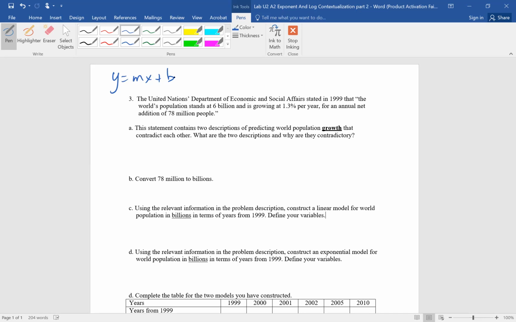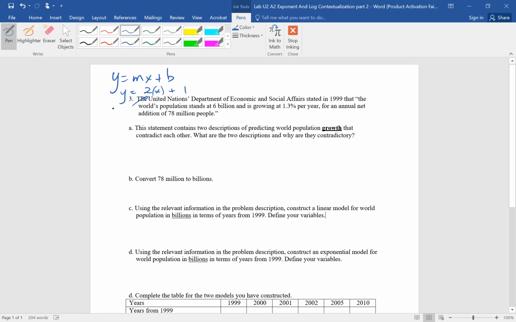In other words, if you were going to make, let's say, $2 an hour plus a dollar I gave you, every hour, if I work 3 hours, you put a three in here or a four in there or a five. So you're just adding two and another two and another two. So you're having an extra addition of 78 million people in this example every time.